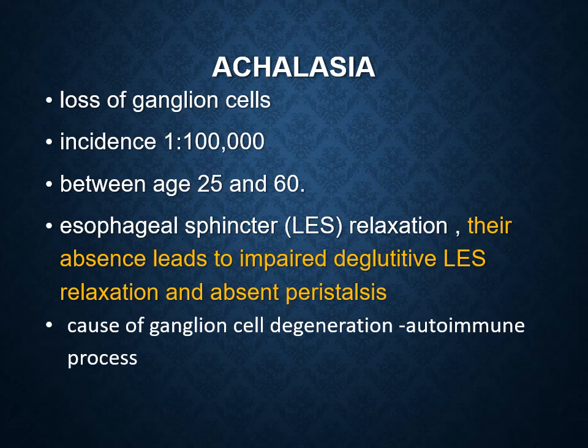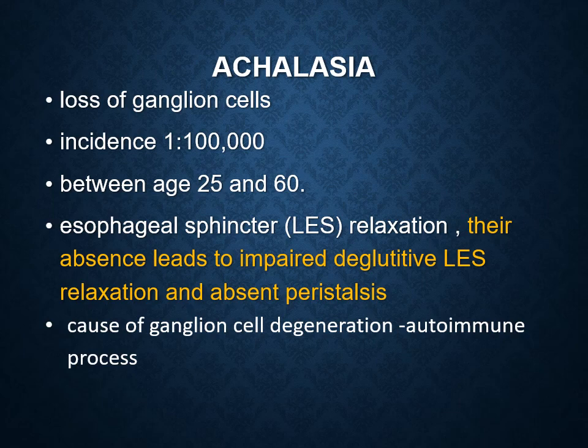The incidence is about 1 in 100,000 and found in the age between 25 and 60. The functionally inhibitory neurons mediate deglutitive lower esophageal sphincter relaxation and the sequential propagation of peristalsis. Their absence leads to impaired deglutitive lower esophageal sphincter relaxation and absent peristalsis.